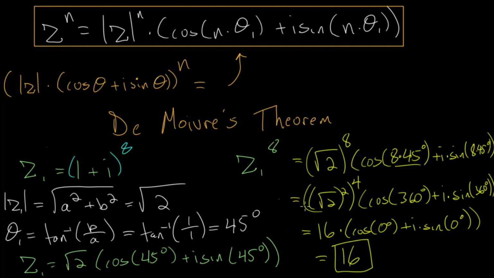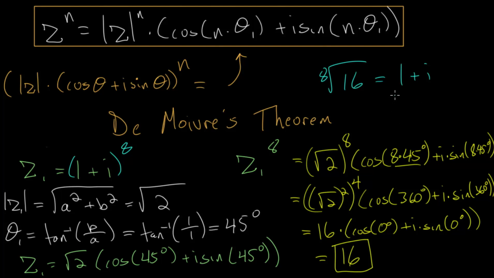And another way to look at this, which we will consider further in a later video, is that if we take the 8th root of 16, one of the solutions is 1 plus i. And in fact, there are 8 different solutions.